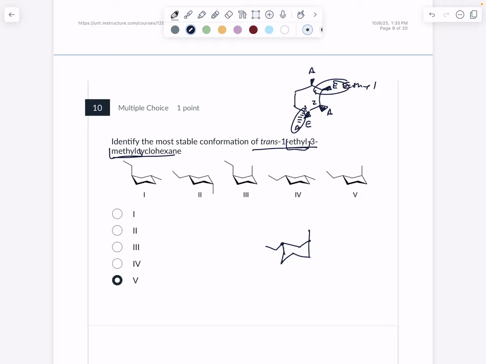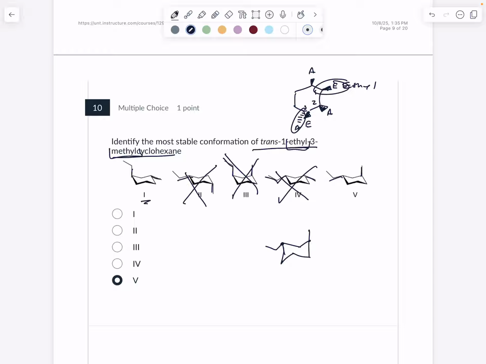So first I can go through, and any that are pointing both up or both down. This has 2 pointed up, so both of those being pointed up is cis. This one has 2 pointing down, so both of those being pointed down is cis as well. Oh, nope, both of these are down, so that's cis as well. 1 up, 1 down.